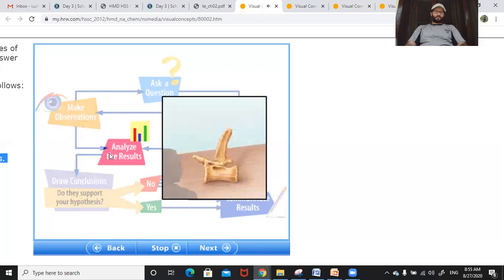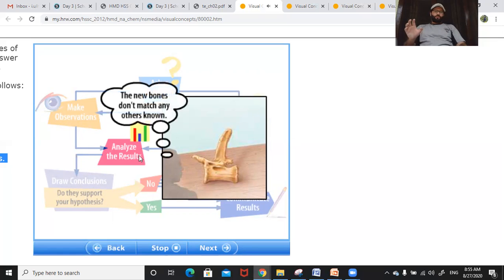The result will give us information that the new bones don't match any others known. So we did the experiment and compared the result with the question that we asked initially.